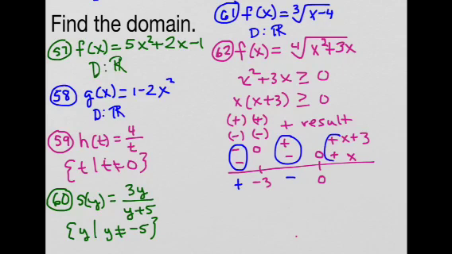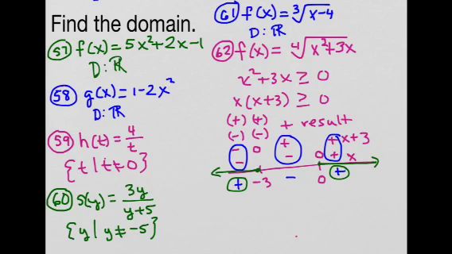And a positive times a positive is going to give me a positive. And I'm looking for all products greater than or equal to 0. So that means that my answer has to be from here to here and from here to here, because that's where I have my positive results.